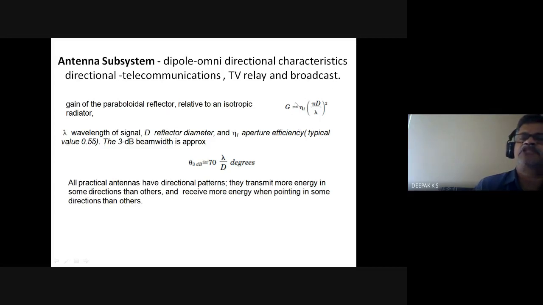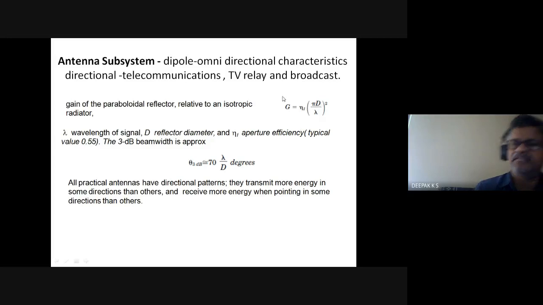So this is the expression for gain. This is the wavelength of the signal. This D is the diameter of the paraboloid reflector, and this is the aperture efficiency. There are expressions for that, but the typical value of this eta is 0.55.